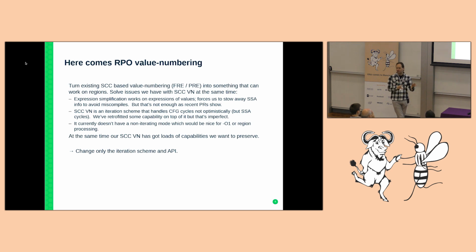And we've worked around that by carefully clearing this kind of information, storing it somewhere else, and then restoring it after the value numbering, which has worked out so far.